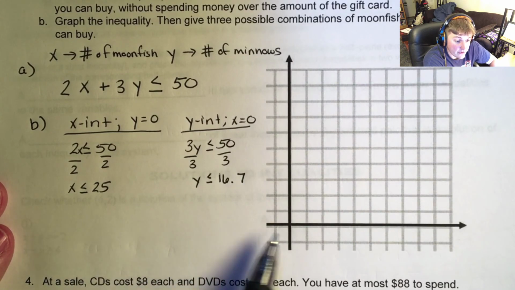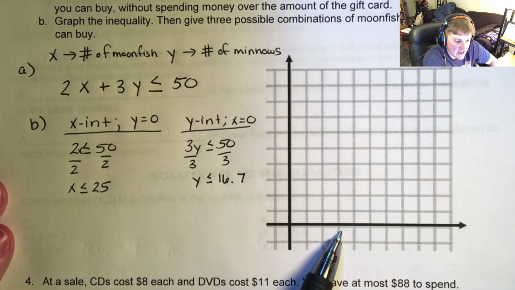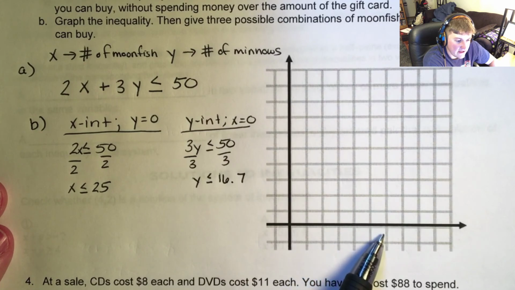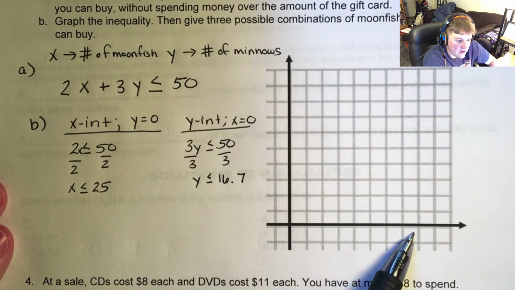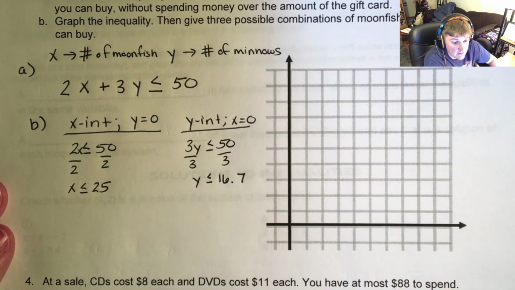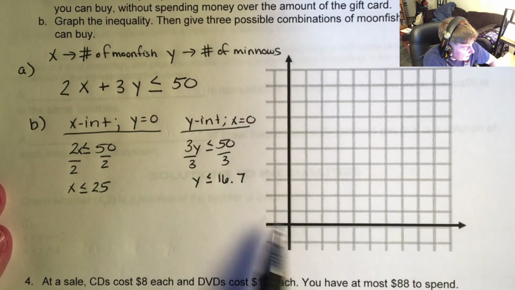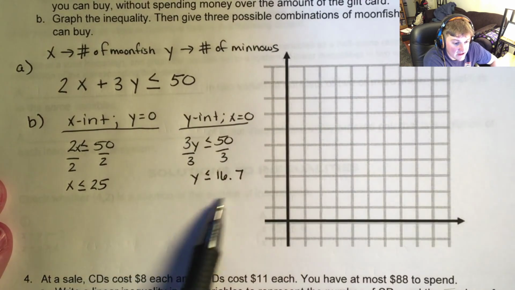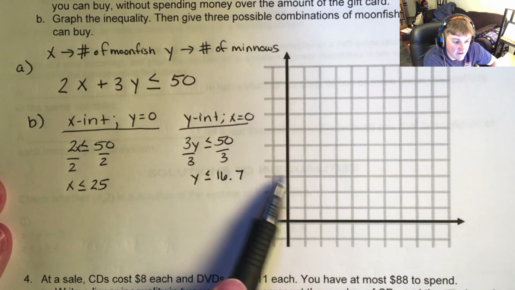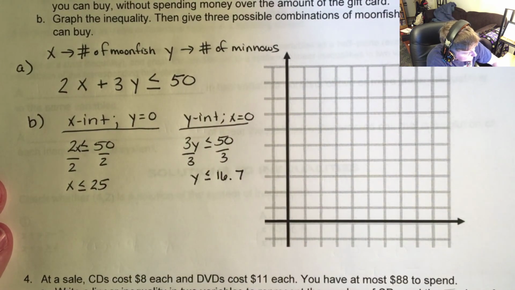So for example, 3. 3, 6, 9, 12, 15, 18, 21, 24, 27, 30. So that would get me to where I need to go. So I'm going to pick going by 3s, because if I go by 3s here, I can also go by 3s here, and 16.7 would be incorporated in that.